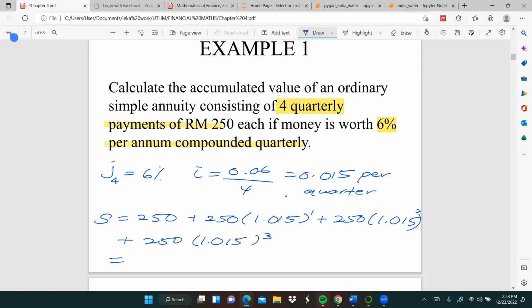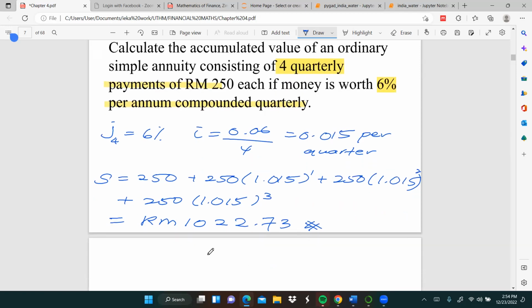Then our answer is RM1022.73. So at the end of the last payment, we will have 1,022 ringgit and 73 cents.